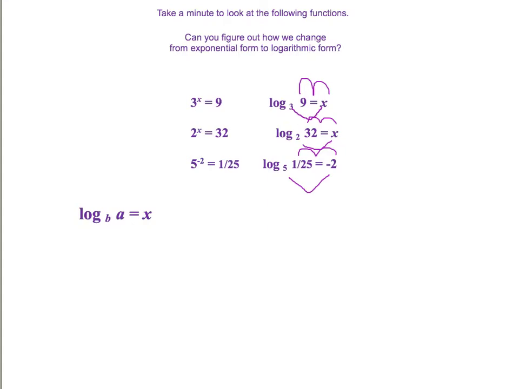We could say that log base 3 of 9 equals x. Let's do the next one down: log base 2 of 32 equals x. And then the next one down: log base 5 of 1 over 25 is equal to negative 2.